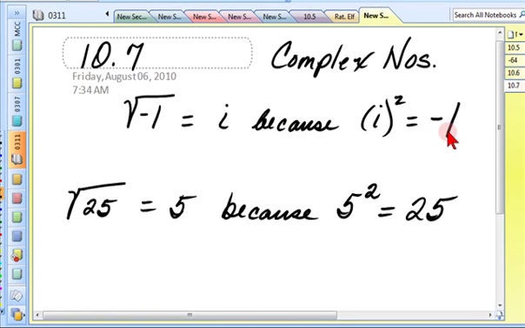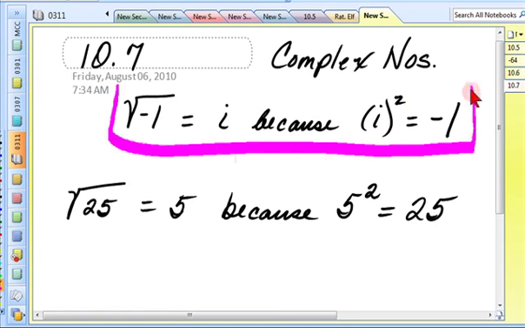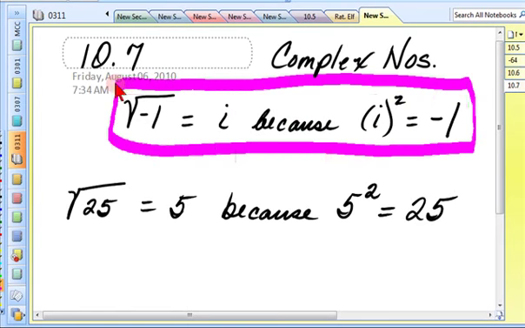And you're going to want to remember this statement. It's a definition. Nobody has to justify it. At some point it was accepted, became part of our math world, and now it is used all the time.